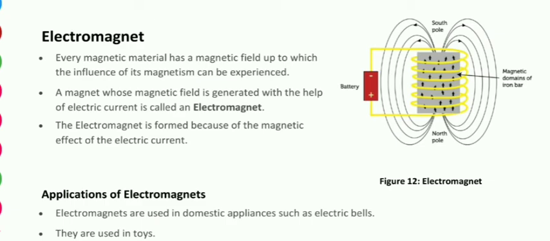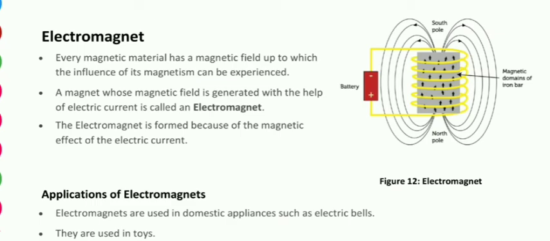So look, if we are creating a magnet with the help of electricity, how strong is it? The strength, means how strong the magnetic field will be, depends on three factors. What?